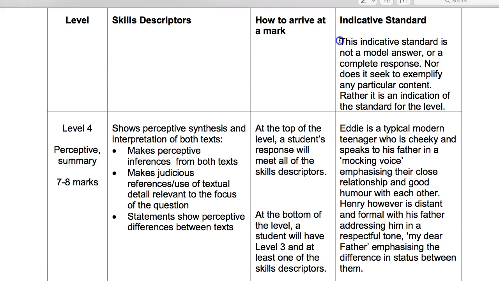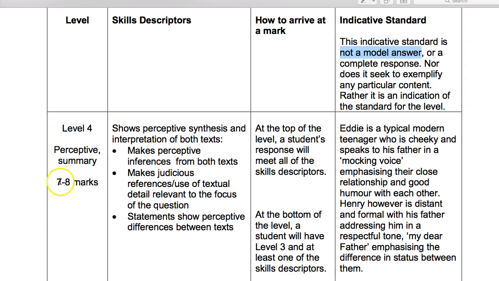So if we look at this section here, they give us an indicative standard. The examiner is really cheating here. What they should do is give us a full model answer, but they don't. They chicken out of this. Instead, they say this indicative standard is not a model answer. In other words, they're going to leave it up to your examiner to decide if your answer is good enough for full marks.